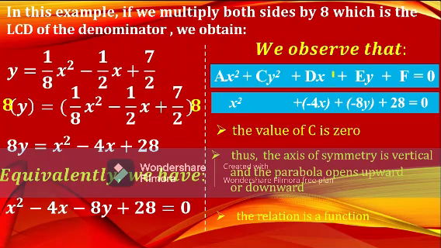With the x variable, we have negative 4x, and our ey is negative 8y, and then our f is the constant, 28. So the value of c is 0 again, so the axis of symmetry is vertical, and the parabola opens upward or downward. Okay, continue.